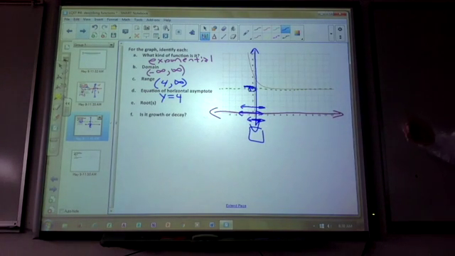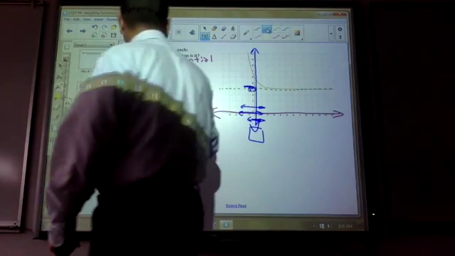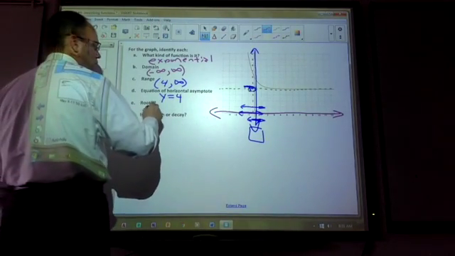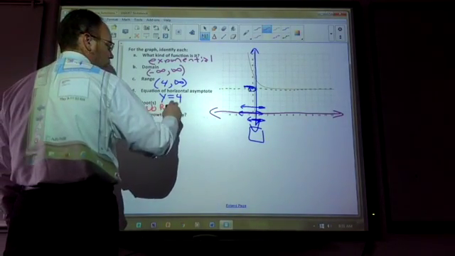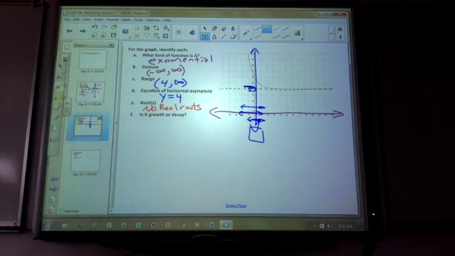No. I won't. So, do I have any roots? No. And I would label this to be correct, no real roots. Okay? And remember, a real root will cross the x-axis.